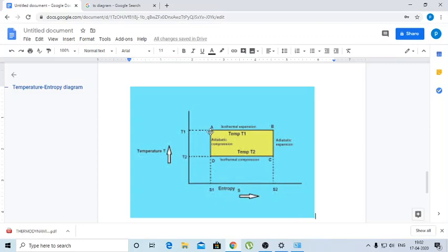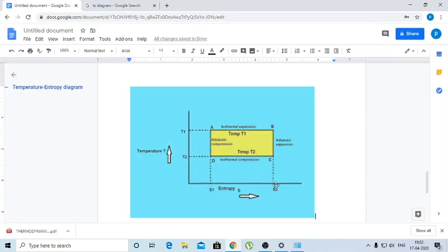The temperature of the system is T1. The system is expanded isothermally. When it reaches the point B, temperature is the same, but its entropy increases from S1 to S2.